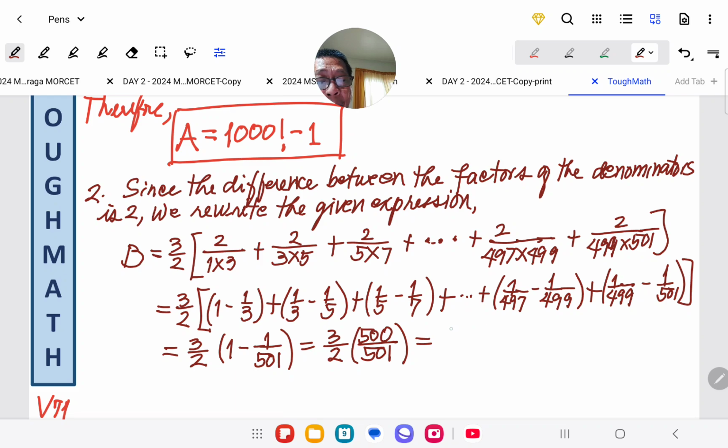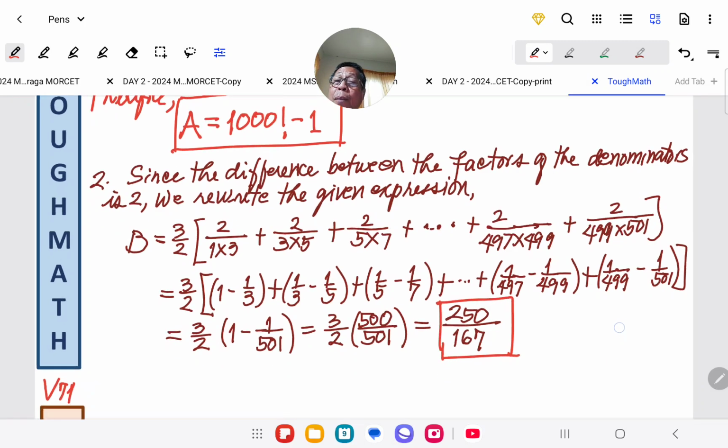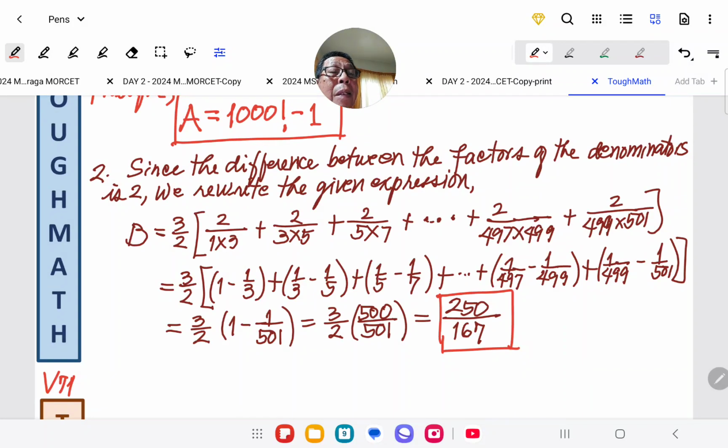Now 500 divided by 2 is 250, and 501 divided by 3 is 167. Okay, so this is the answer to the second calculation exercise.